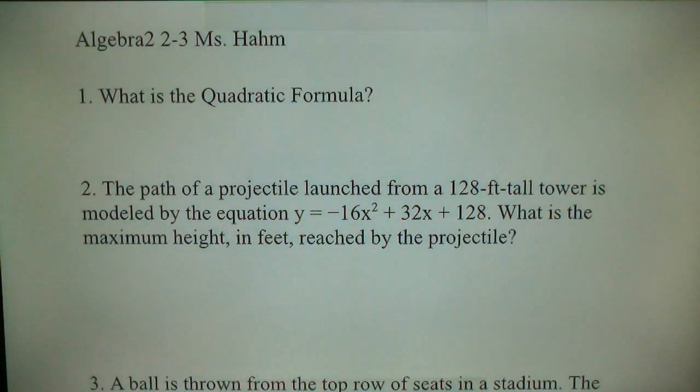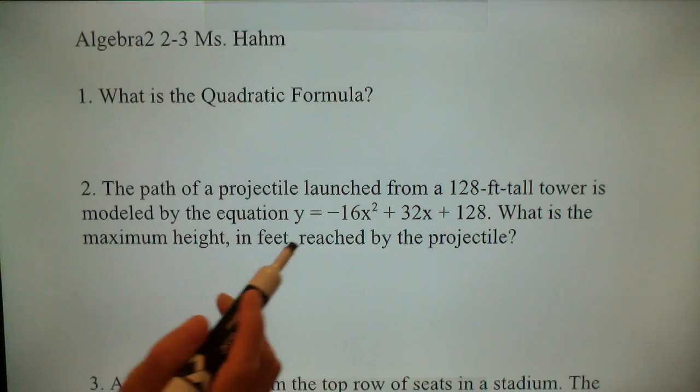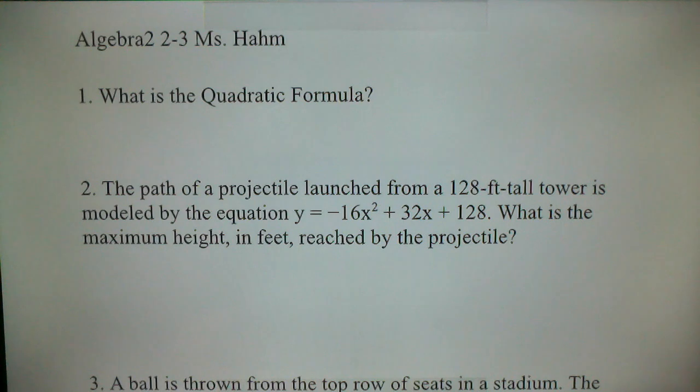Number 2. So let's see how we can find it. So the equation is... do you think it's downward or upward? This is negative here, right? So it will be downward. Okay.